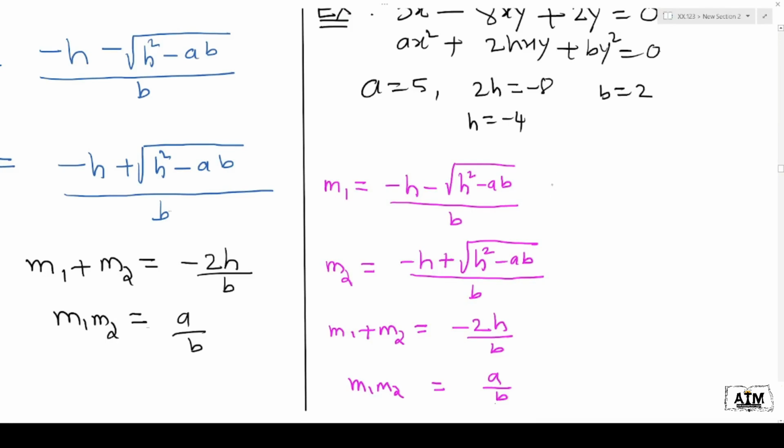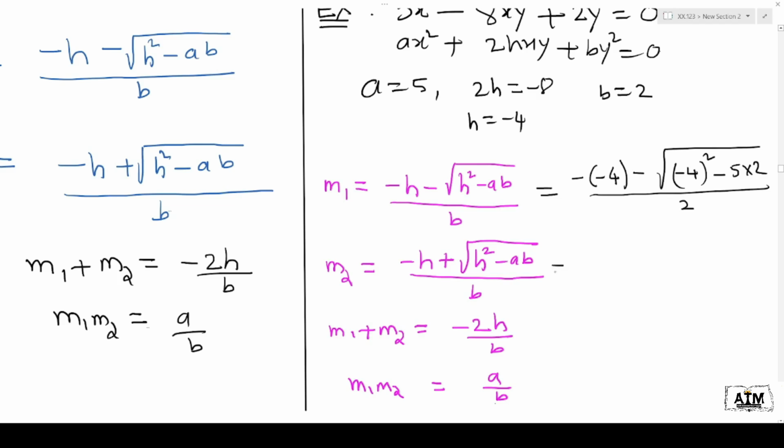Now, how to find m1? m1 equals minus h minus under root of h square minus ab, divided by b. The h value is minus 4, so putting minus 4 here, minus under root of minus 4 whole square minus ab, 5 into 2, divided by b, that is 2.